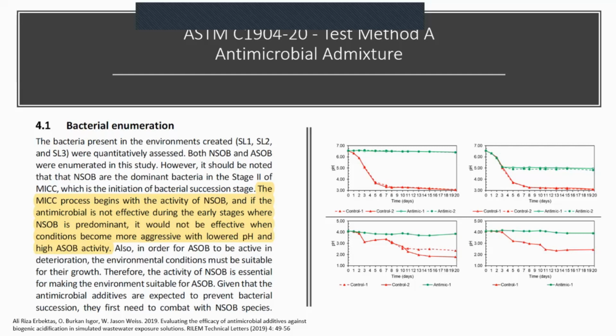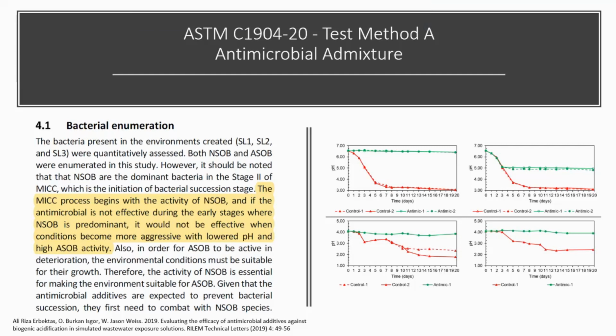There's a test method, ASTM C1904-20, and in test method A, there was a description in a journal, in the RILEM publication, that states that if the antimicrobial products are not effective, then you would get to the acidophilic bacteria.